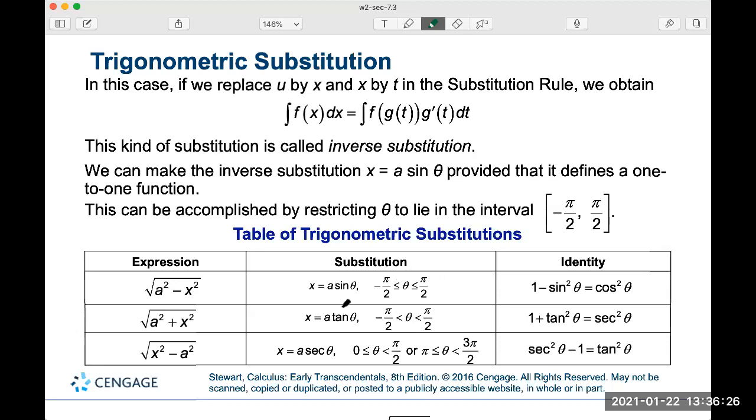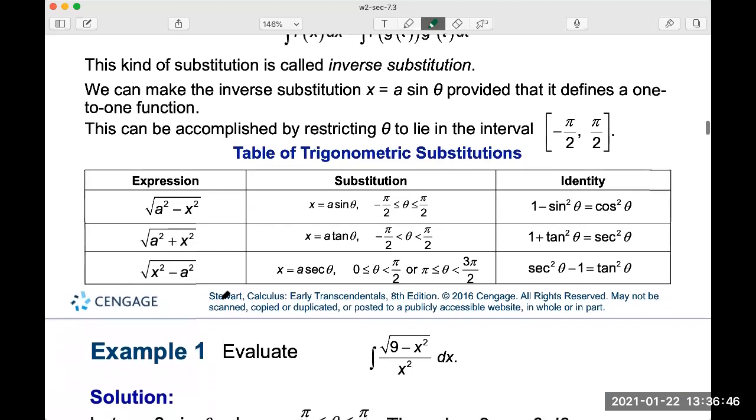And these angles should satisfy this condition, as you can memorize here. If you define x to be a sine, then theta should be from negative pi over 2 to pi over 2. Similarly, if you define x to be a tan, then theta should be from negative pi over 2 to pi over 2.